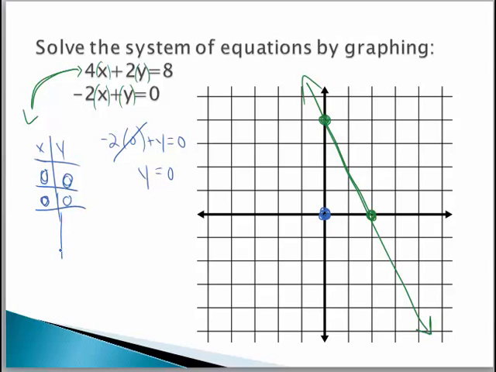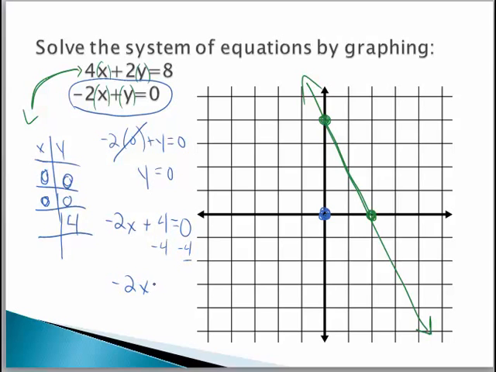So what I'm going to do here is pick some other value. You can pick whatever you want, whatever you think is going to be easiest. I'm working with this equation. I can see that if I plug in 4 for y, I'll get a nice integer for my solution. I picked 4 for y because I know I'm going to have to subtract 4 over to solve this equation for x.